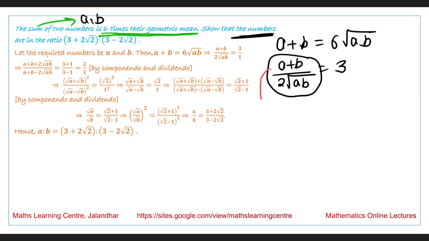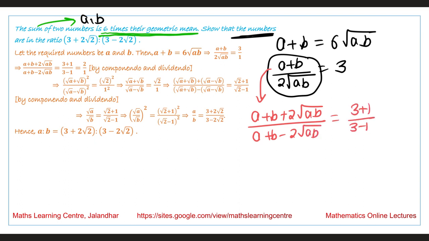So if we apply componendo dividendo over here, we obtain (a plus b plus 2 root ab) divided by (a plus b minus 2 root ab) is equal to (3 plus 1) divided by (3 minus 1). The answer we obtain is equal to 2 by 1.